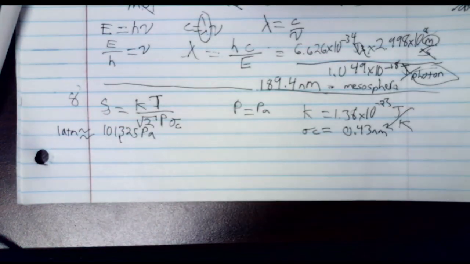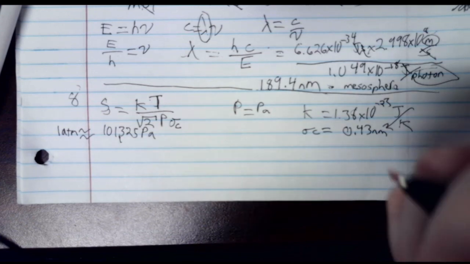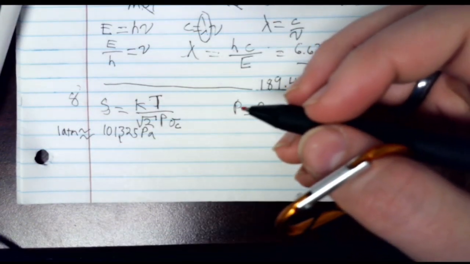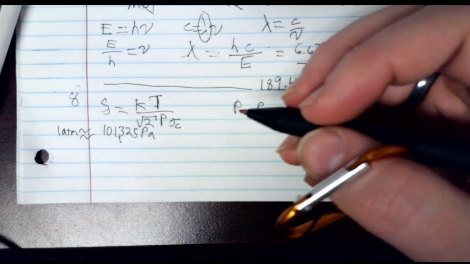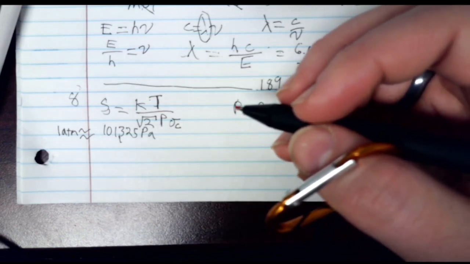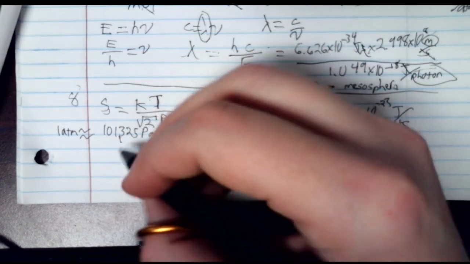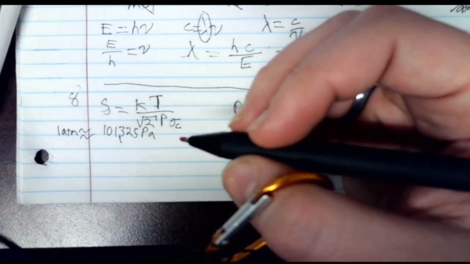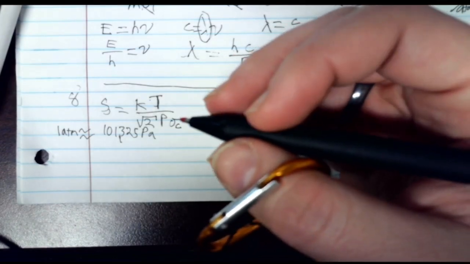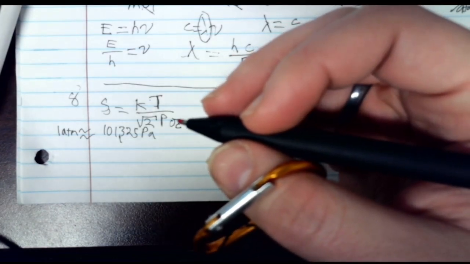Now, some people will know that conversion. Some of you may have to look that number up. I don't expect you to know it. You can look up the conversion of 1 atmosphere to a pascal, but that is the conversion rate. So this one, it's really just plugging our numbers in.